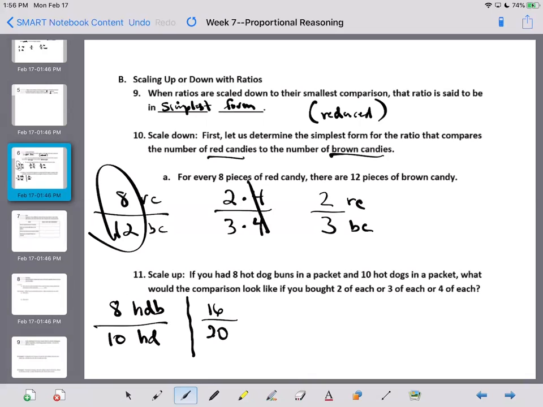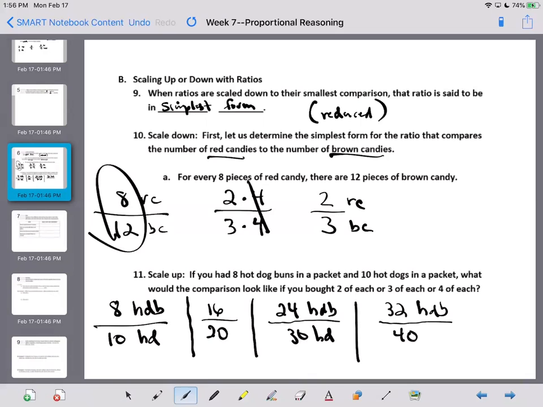If you wanted 3 of each, now we're talking 24 hot dog buns to 30 hot dogs. What if it was 4 of each? You see the pattern. We're just multiplying by 2, 3, and 4, multiplying both numbers by that amount. So 32 hot dog buns to 40 hot dogs. So we're scaling it up by a multiplier.